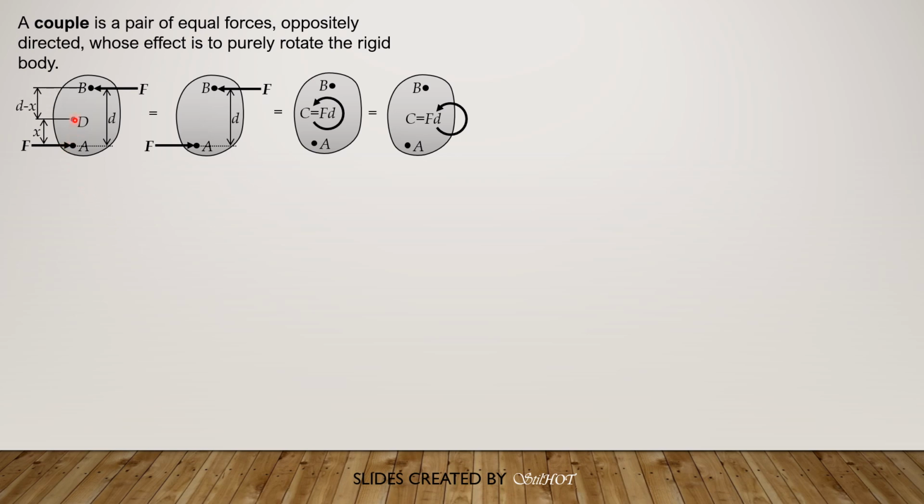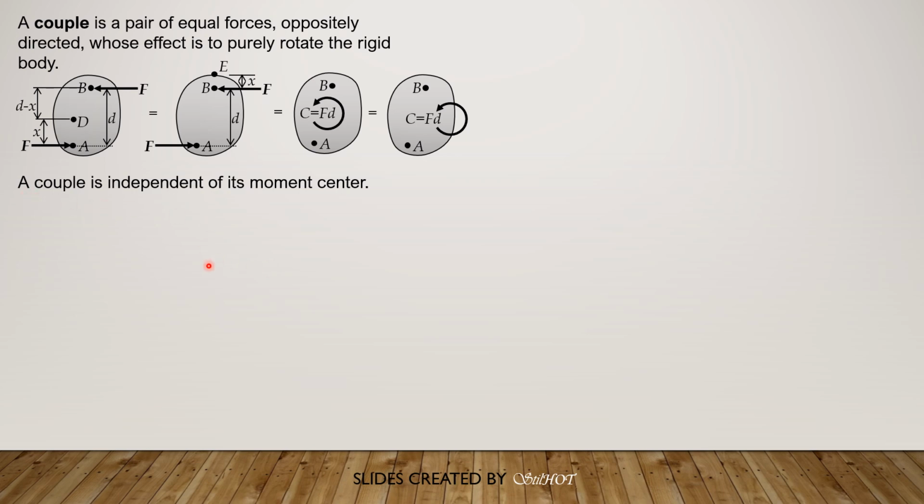So if we sum up moment about D, the moment of F about D is counterclockwise. The moment of F acting at D about D is also counterclockwise, so we add the effect. Then if we have another point E, the distance of E from B is x. Therefore, the distance of the force at A from E is d plus x.